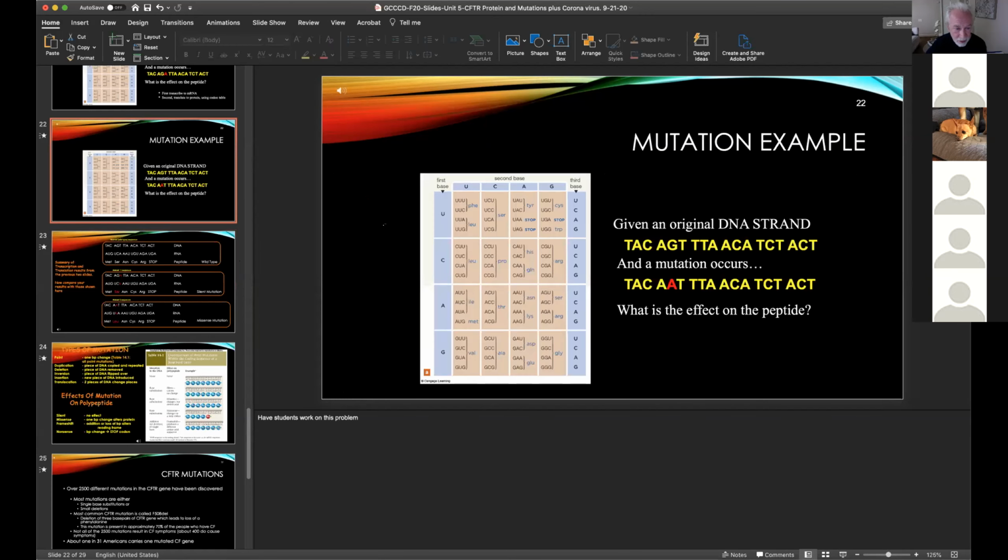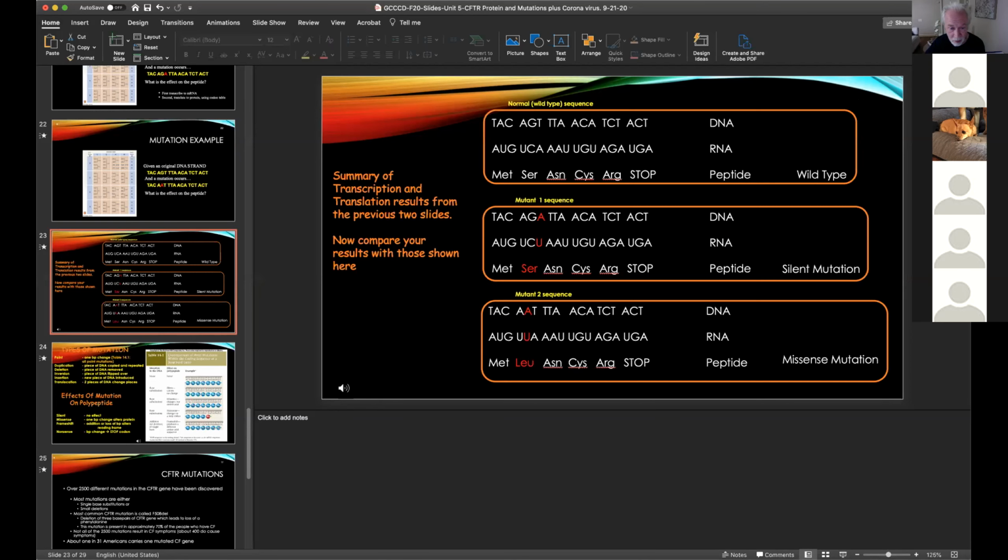If we go to our codon table, U is the first base, second is C, and A, they all in this box are serine. So the sequence doesn't change. The original sequence has a serine in this position. The mutant sequence also has a serine in this position, even though there's a mutation in the DNA. So this is called a silent mutation. DNA changes, the peptide does not.